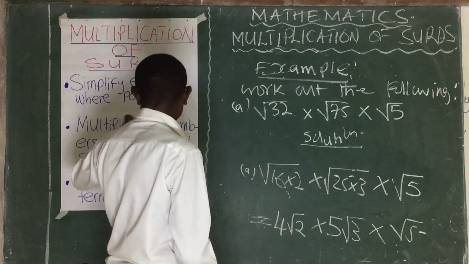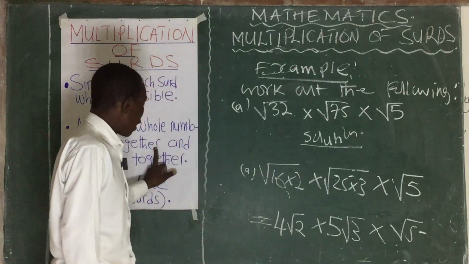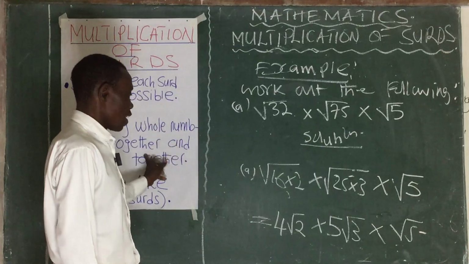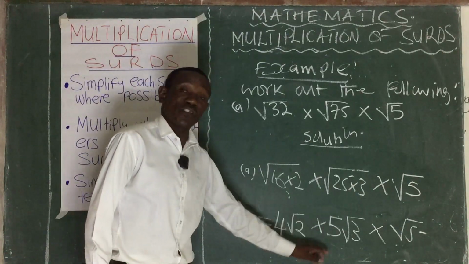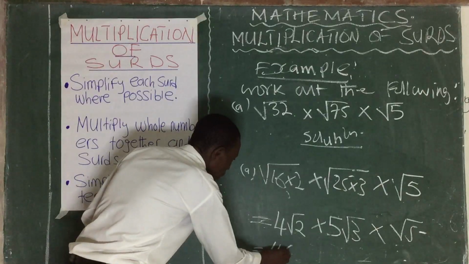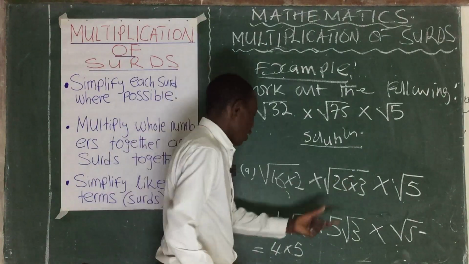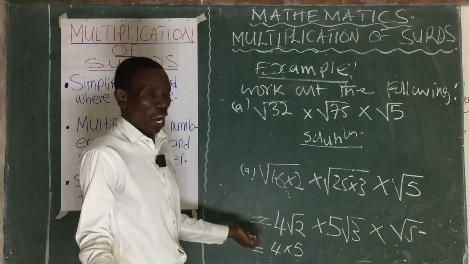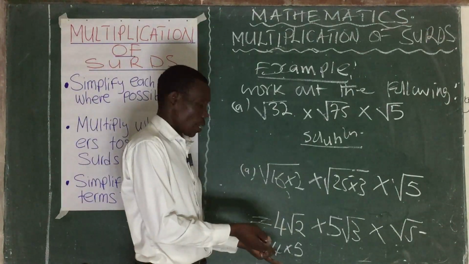So when they say multiply the whole numbers together, what is emphasized here is that we're talking of the coefficients of the surds. Right. Which means you talk of 4 multiplied by 5. Here we can still write a 1, but usually we don't write it; we can just leave it as it is.